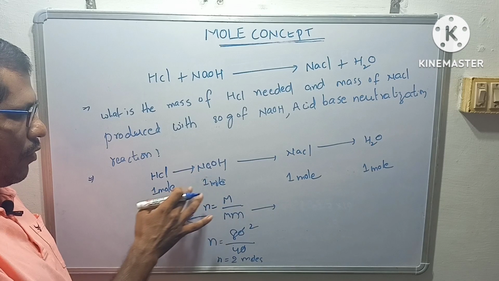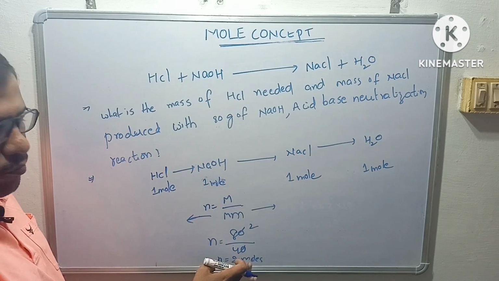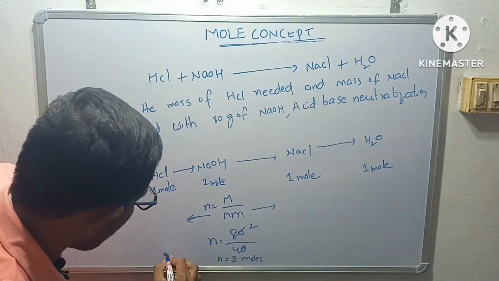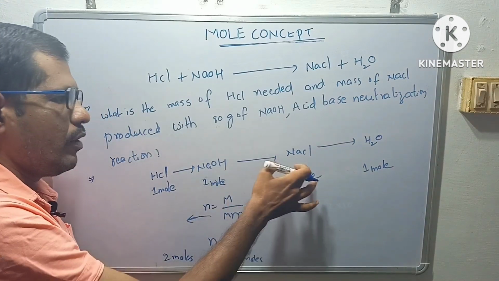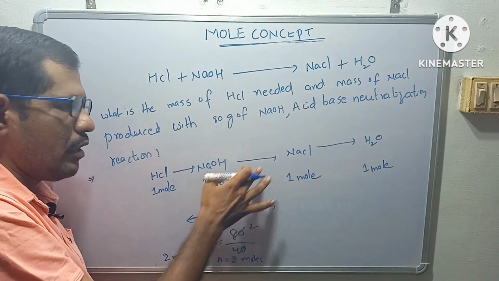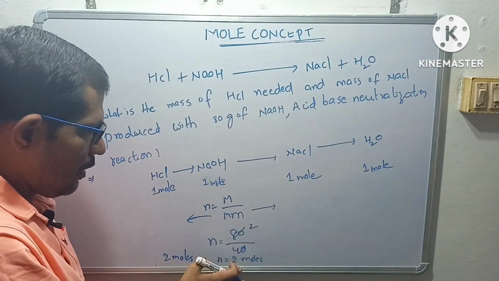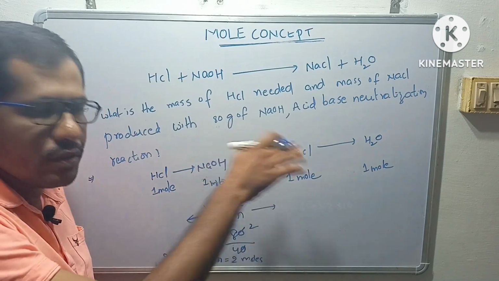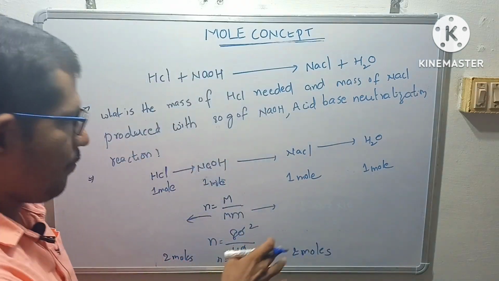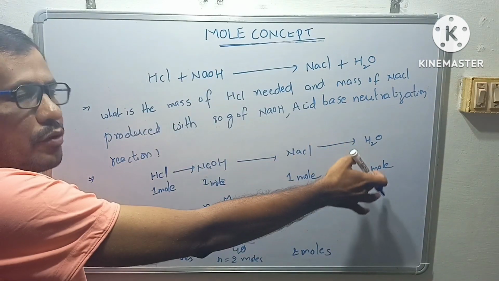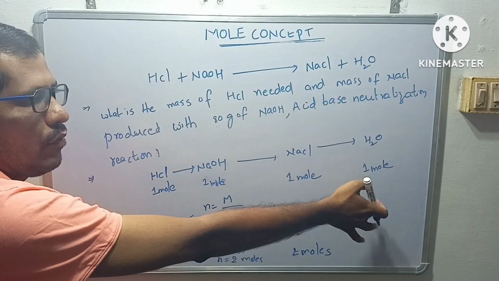So 1 mole of NaOH requires 1 mole of HCl. So 2 moles of NaOH requires 2 moles of HCl. Here 1 mole of NaOH produces 1 mole of NaCl. So 2 moles of NaOH produces 2 moles of NaCl. And 1 mole of NaOH produces 1 mole of water molecule.